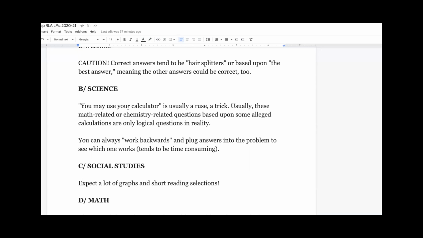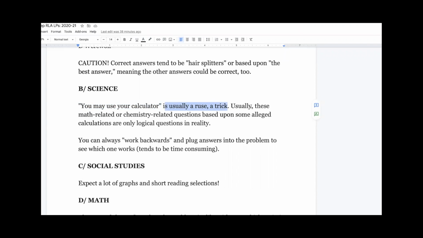But one thing I learned, and I learned it through being fearful, is I would see these questions that would say, you may use your calculator. And when I see that statement, I'm like, oh my God, this is a monster of a problem. I could barely use a calculator. There's no way I'm going to get this one right. And what I'm telling you is usually that's a trick.